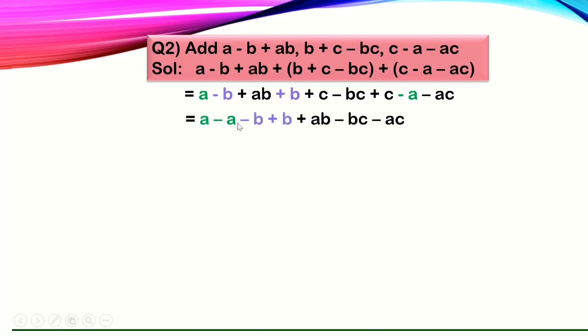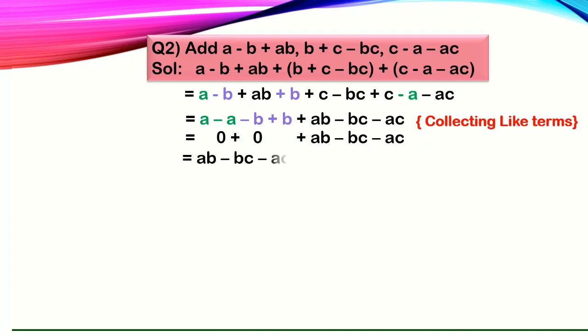A minus A will give you 0, minus B plus B, different signs, so we need to subtract, and minus B plus B will give you 0. Again, they will get cancelled, and the remaining terms are AB minus BC minus AC. We cannot do anything with that, so we will just leave these terms as it is. So that is our answer. AB minus BC minus AC is the answer.